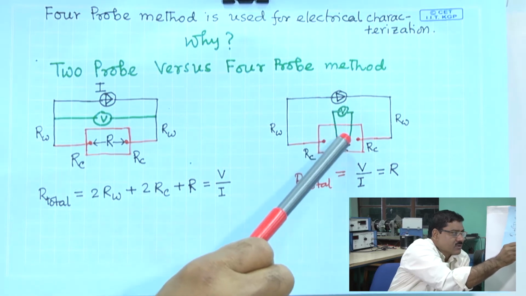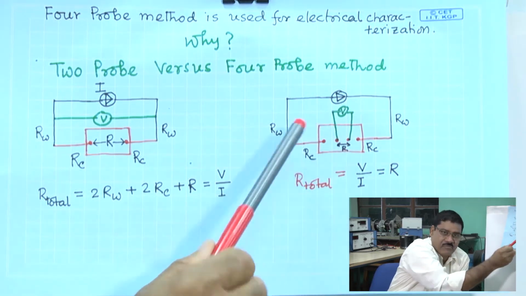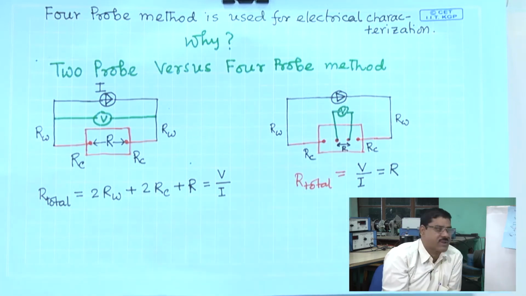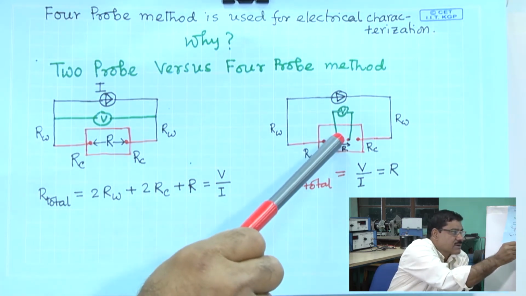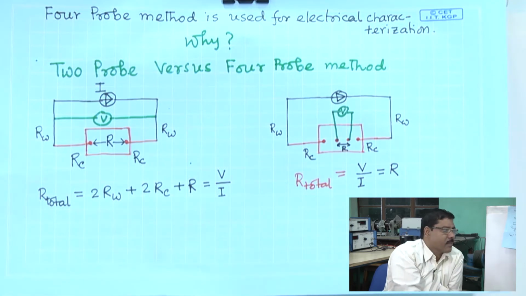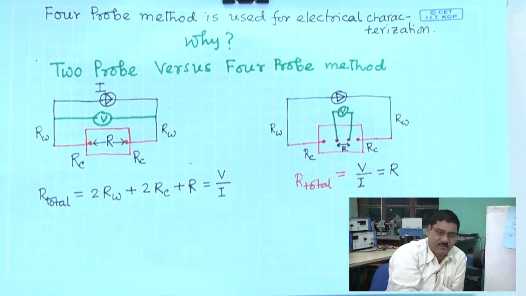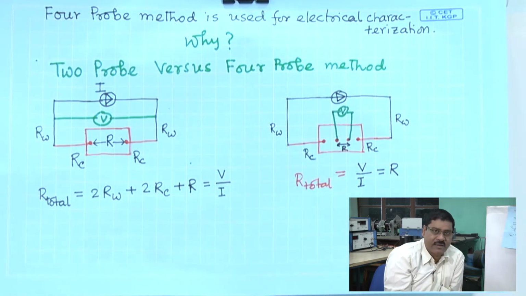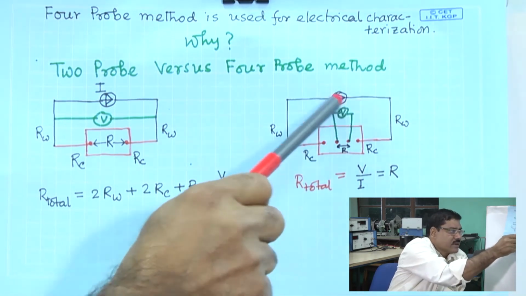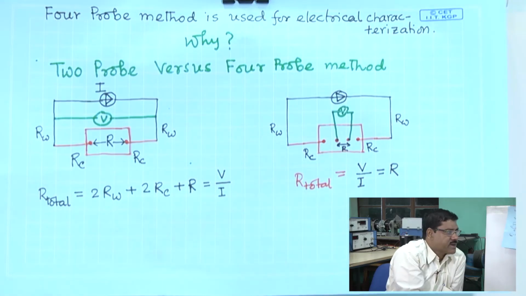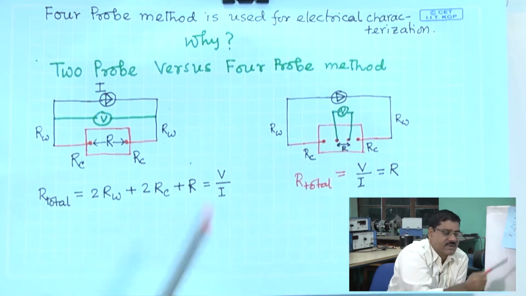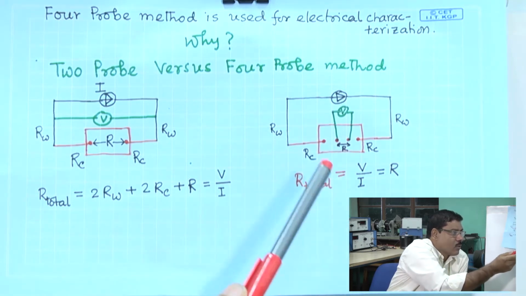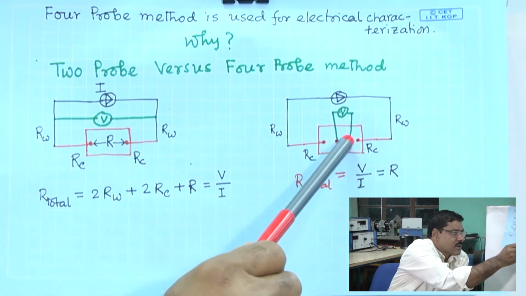So, there will not be voltage drop, or negligible voltage drop, due to this contact or this wire. So, one can neglect it because of the very high resistance of the voltmeter compared to the sample resistance. So, it is expected that whole current I will pass through the sample.